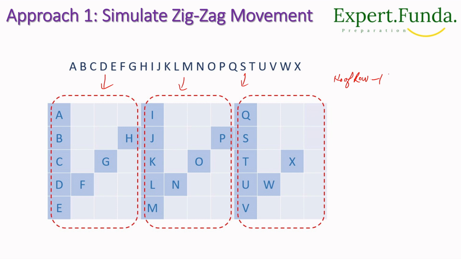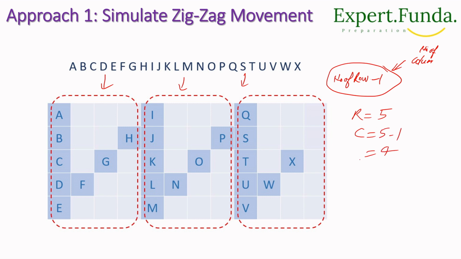So if rows is given, then this is our number of columns. Let's suppose the rows given is 5. So how many columns will there be? Columns will be 5 minus 1, that is 4.